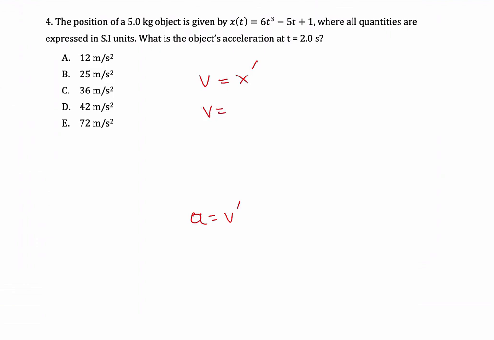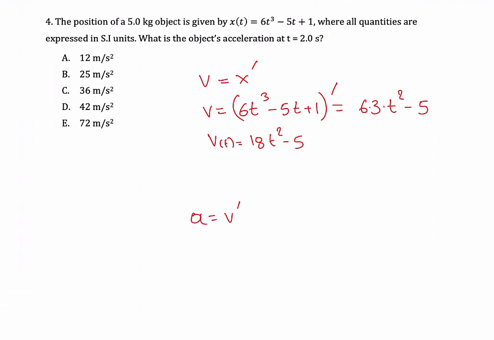So first we derive the expression 6t to the power of 3 minus 5t plus 1. So 6 times 3 times t to the power of 2 minus 5. So the velocity as a function of time is 18t squared minus 5. And now we will find the acceleration as a function of time by deriving this expression, 18t squared minus 5.